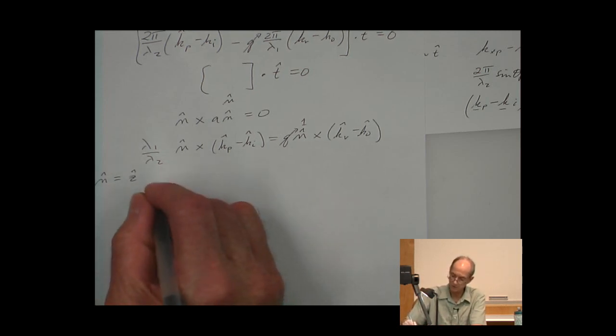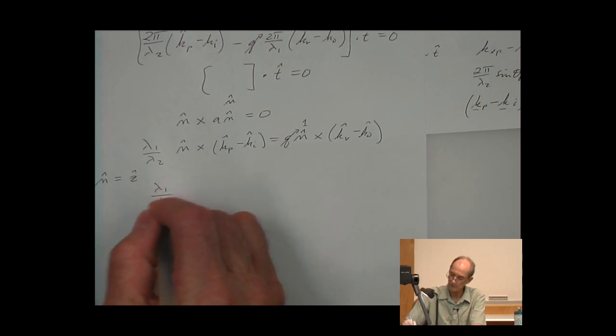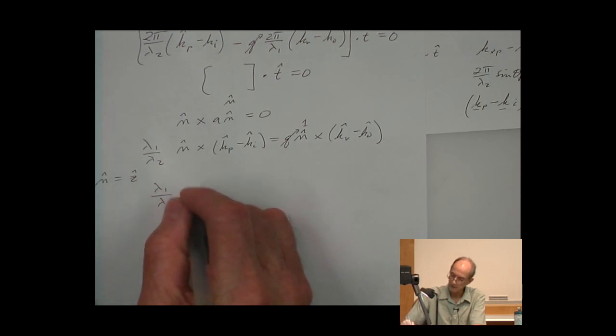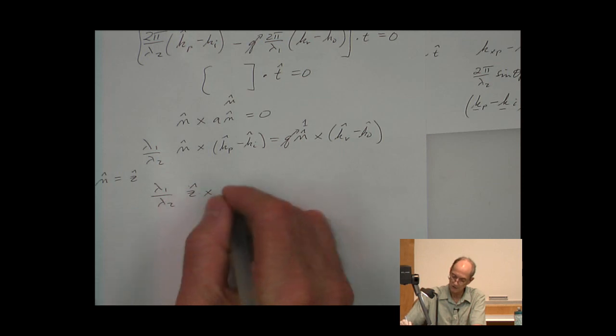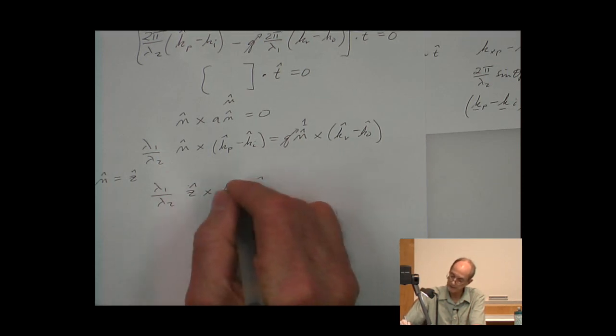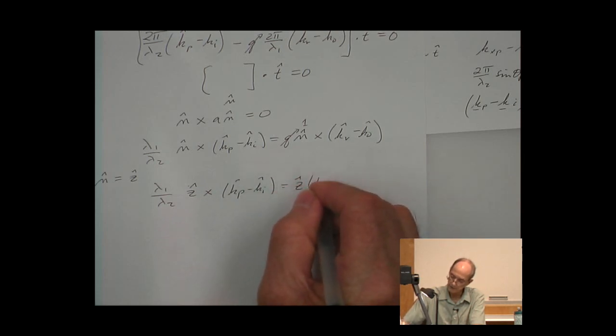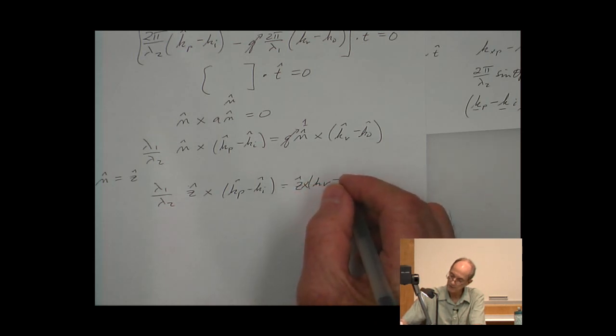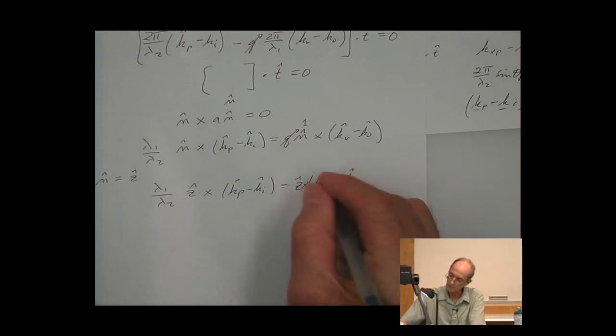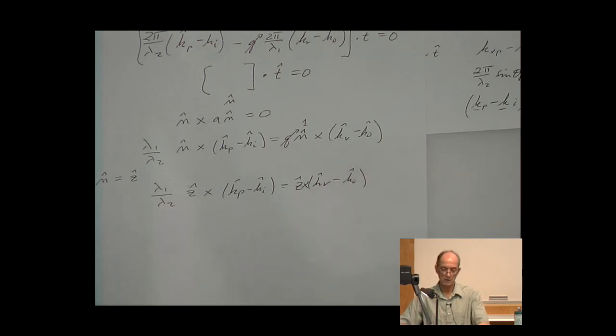So then we can just rewrite this as lambda 1 over lambda 2, unit vector in the z direction, cross kp minus ki, equals z cross kr minus ko, all of those being unit vectors.